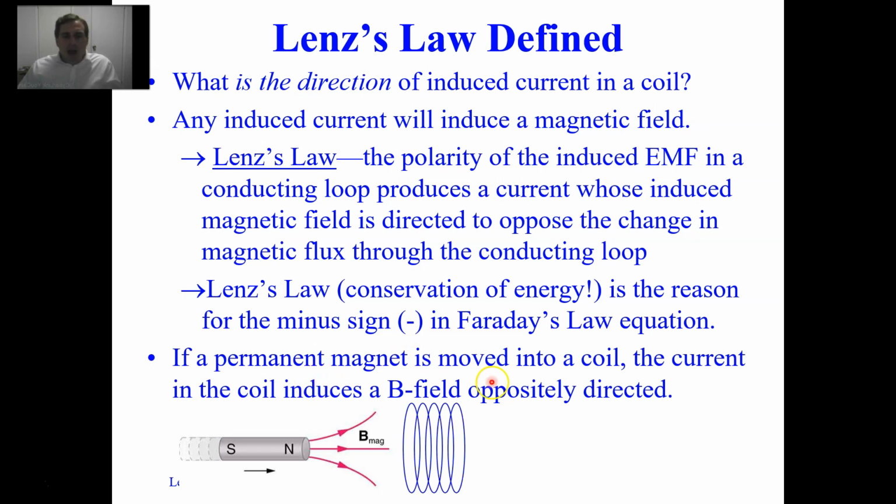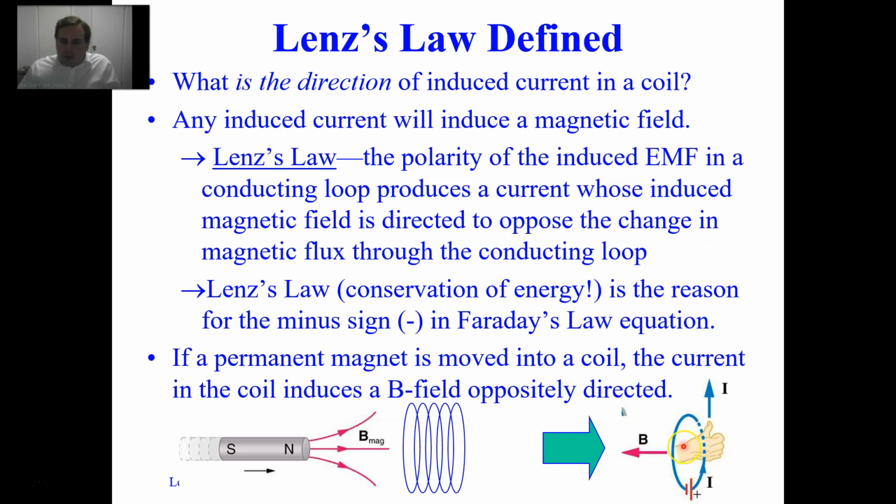Suppose a permanent magnet is moved into a coil, and there's current in the coil. Why is that? Because these coils are going to produce their own B field, which opposes the changing magnetic flux with time. If you move that magnet to the right through these coils, you increase the magnetic flux in the coils.